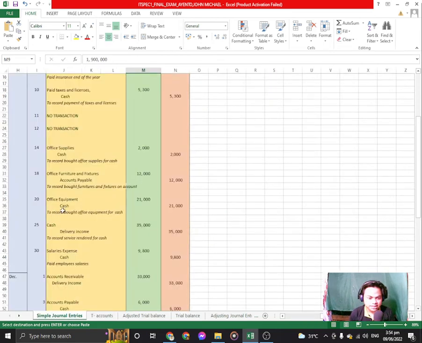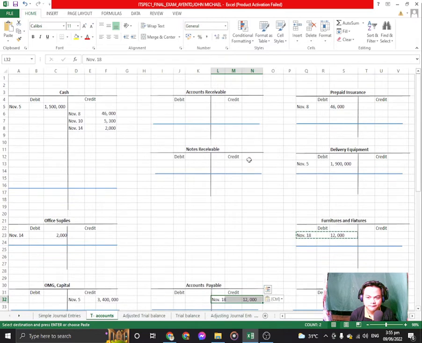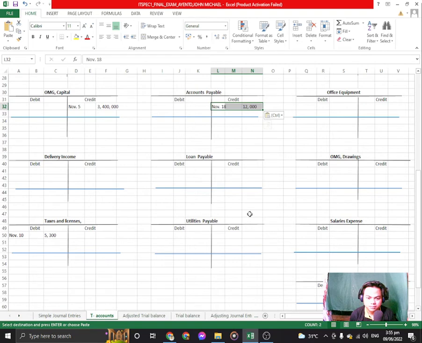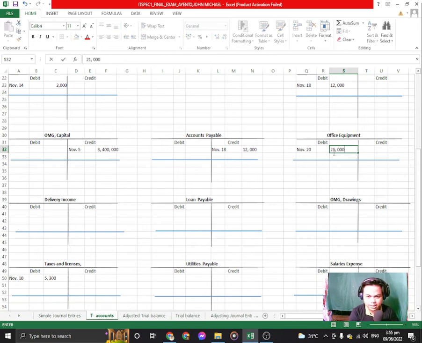Okay, let's move on to November 20, office equipment at the debit of 21,000 pesos and the cash for credit is 21,000 pesos. Let's find office equipment first. Office equipment, November 20, 21,000 pesos.